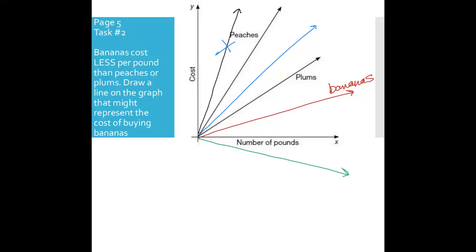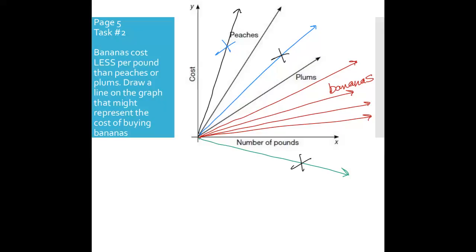Could it ever be the blue line? No. Could it ever be the green line? We're talking about cost of bananas. A real life problem. No. Technically, no. Mathematically, yes, but technically, no, since we're talking about real life. Could this be a line for bananas? Yeah.